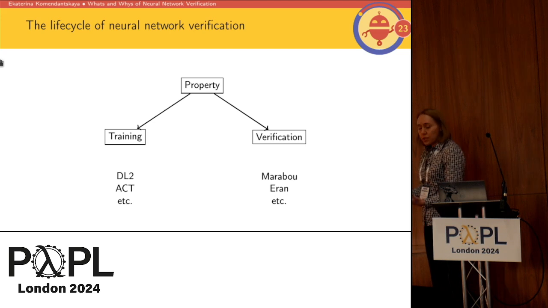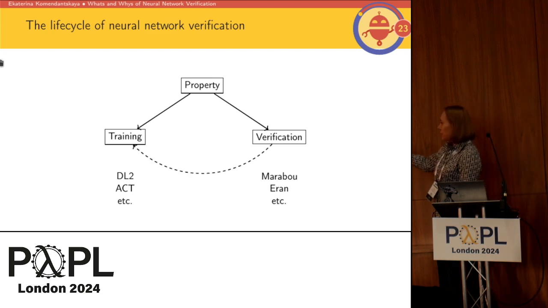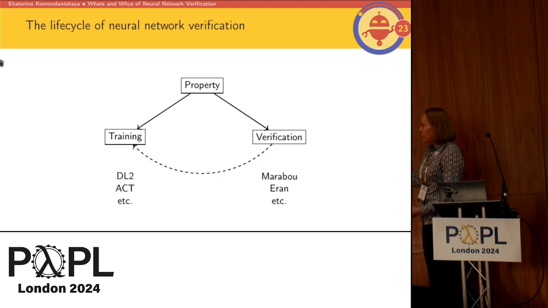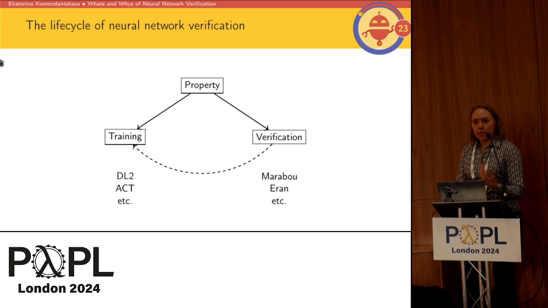And a good thing would be to retrain your neural network so that it does satisfy the property that you want to prove. So very often it goes like this: your verification attempt fails, and then you say, well, I need to do something about my neural network. You retrain it, and then hopefully you will be successful in verifying a retrained neural network.